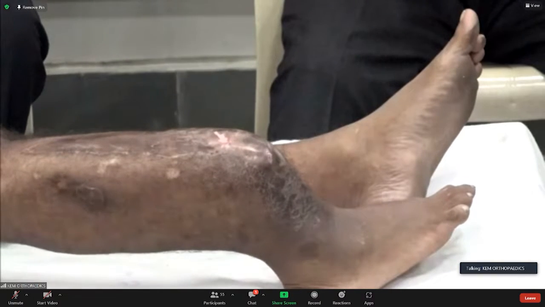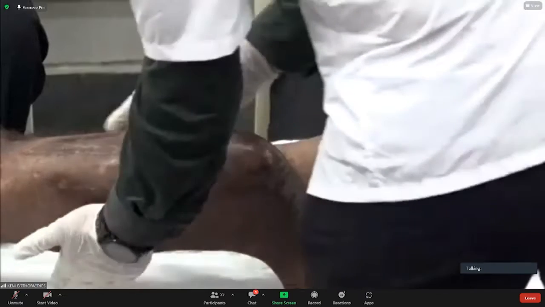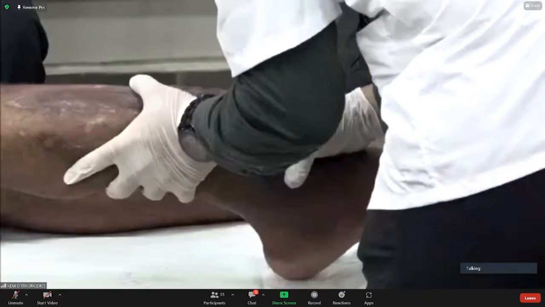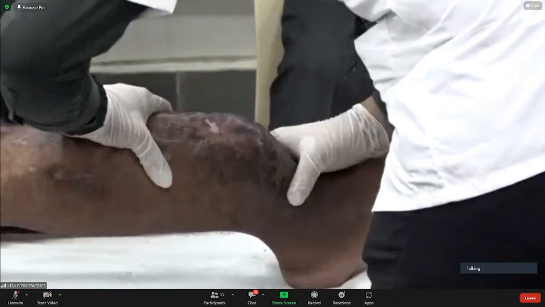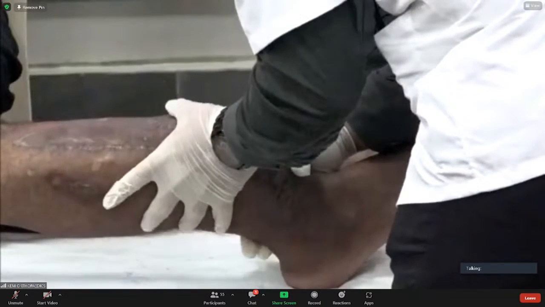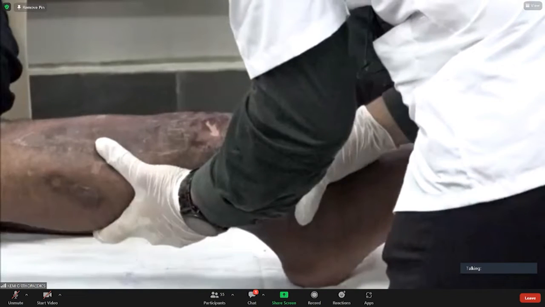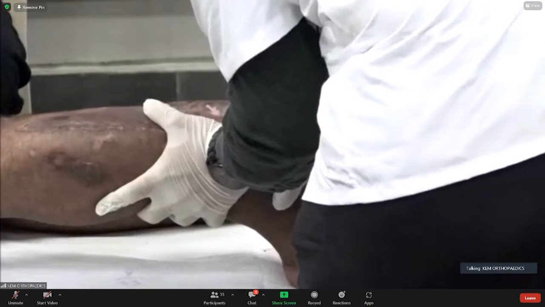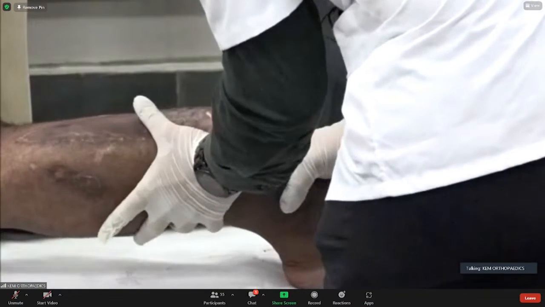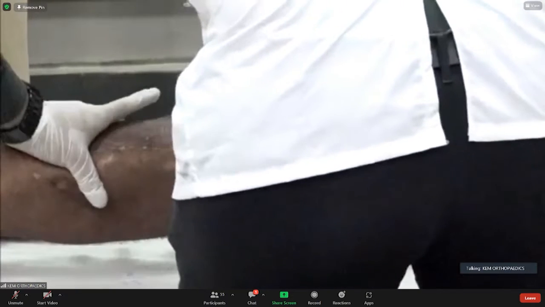Show me mobility at the fracture. No, you do varus valgus and then anterior posterior. You catch the tibia proximally from the top. Go more distal.